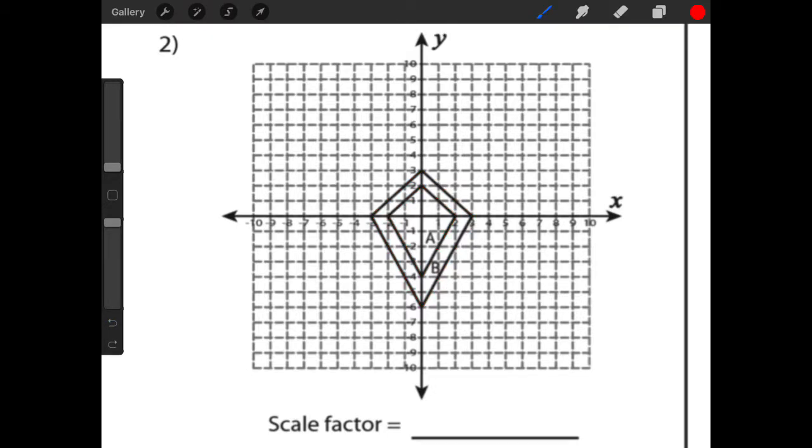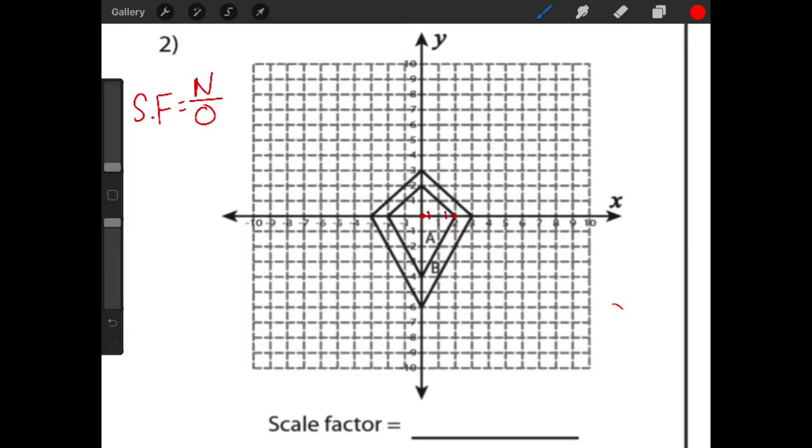By starting at the origin, if possible, I'm going to say, well, how wide is this kite looking shape, this quadrilateral? Well, from the origin to this vertex, it's 2 units. So my scale factor is going to be, remember, it's the new image over the original.